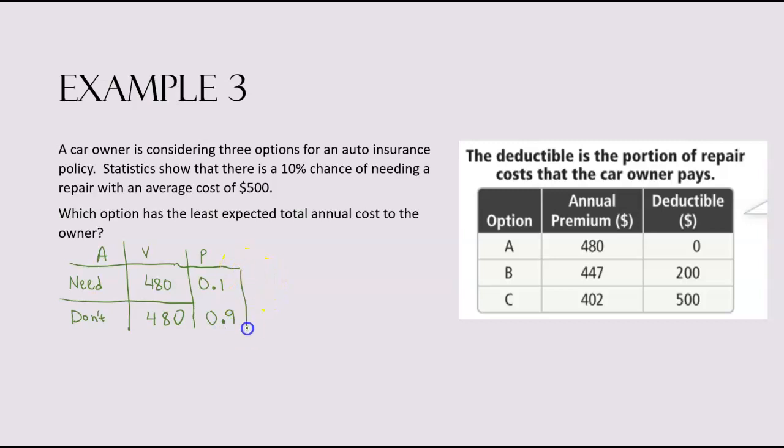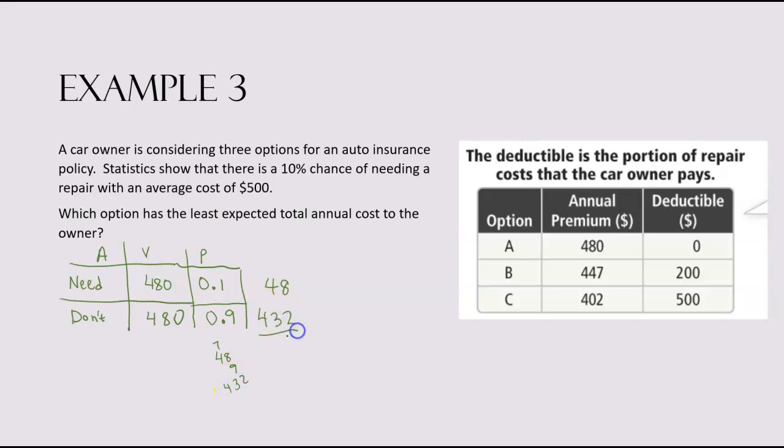And so we're going to do 480 times 0.1, which would be 48, and 480 times 0.9, which would be whatever 48 times 9 is. 36 plus 7 is 43, 432.